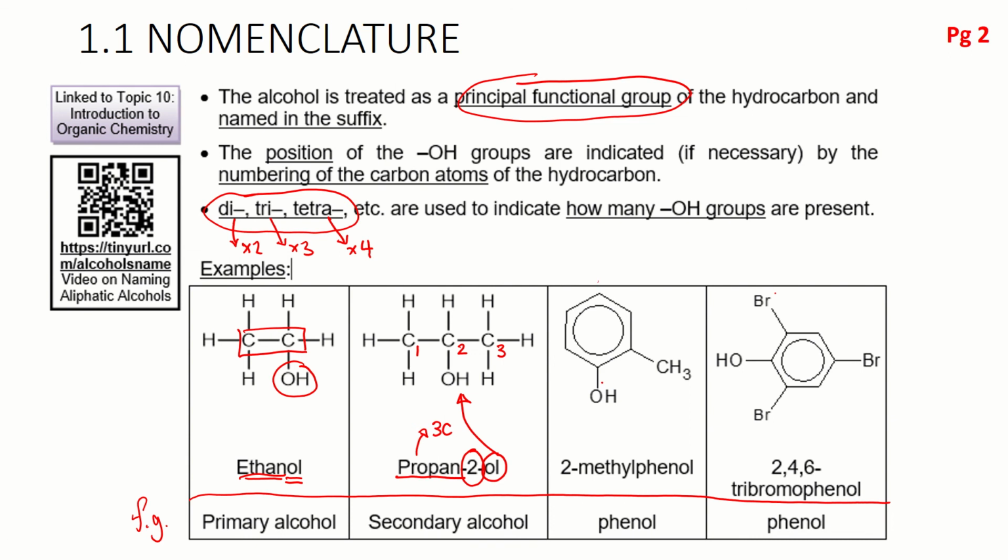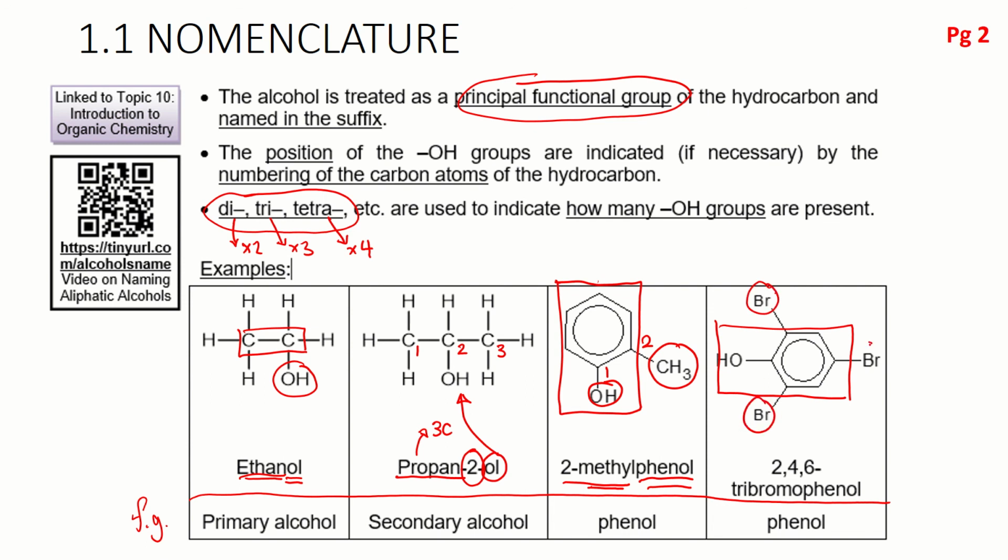Similarly, if we see the OH directly bonded to the benzene ring, we can call this group a phenol, and therefore the main group is phenol, and there is a methyl group on the second carbon of the benzene ring, hence 2-methylphenol. Last but not least, this is also a phenol because the OH is directly attached to a benzene ring, and there are 3 Br attached to it on the 2, 4, 6 positions.